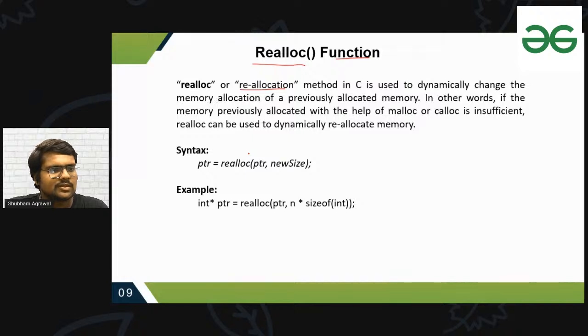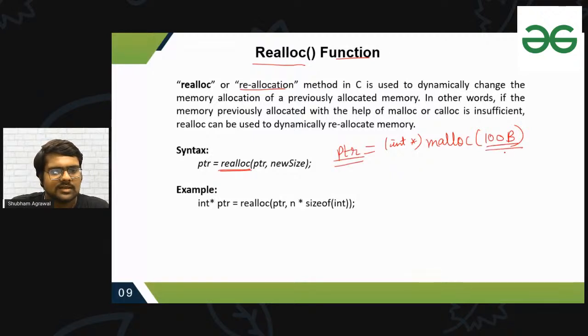Suppose we have allocated memory using calloc, say 100 bytes, typecast it into integer and stored it in PTR, but I need more than 100 bytes. Then I will use the realloc function. I will write realloc, give the pointer, and give the new size. Let's suppose that is 400 bytes.